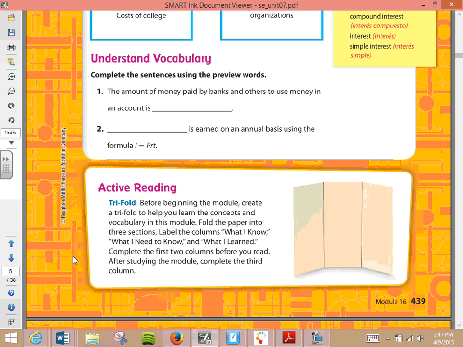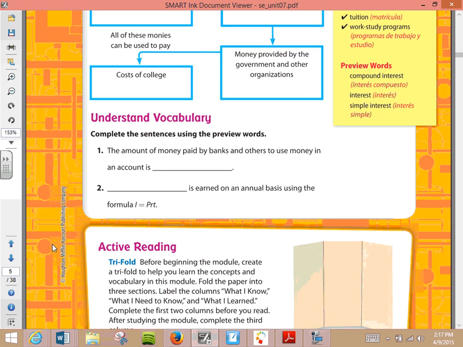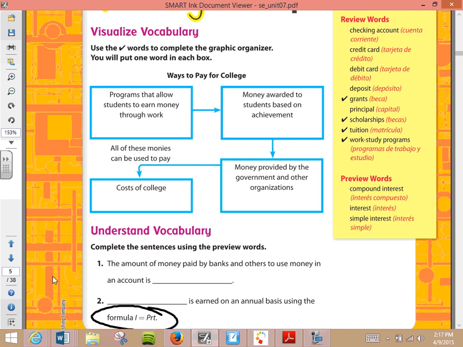So this is a formula for simple interest right here. We actually did it by hand last time.